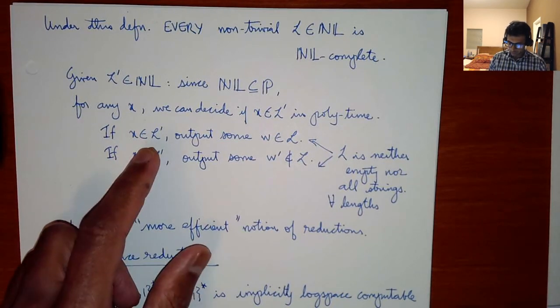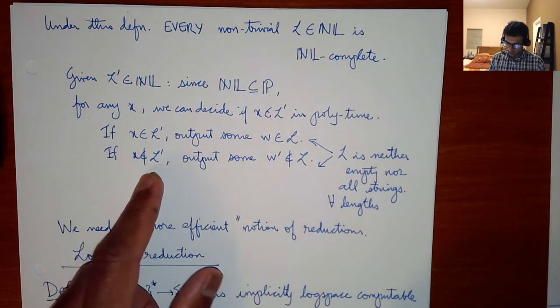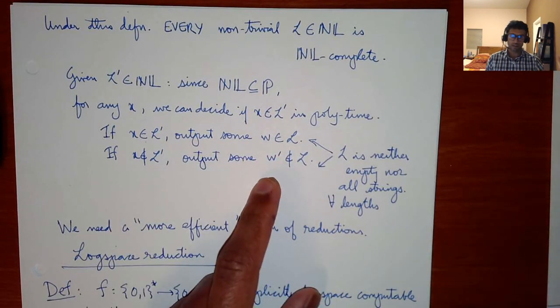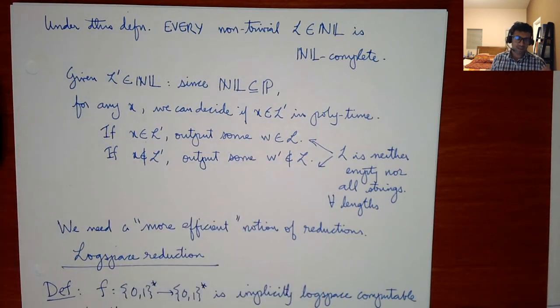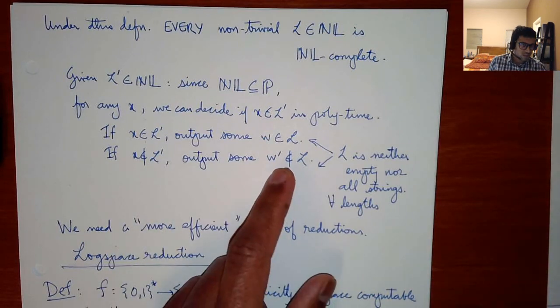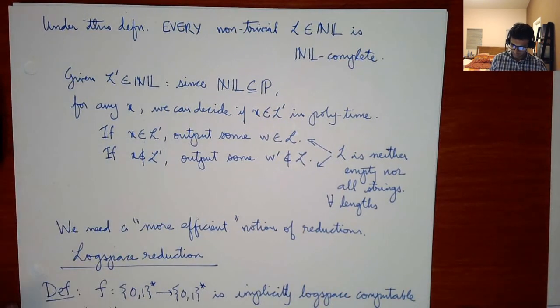If it's in L prime, it outputs some w in L. If it's not in L prime, it outputs some w prime that's not in L. We assume that w and w prime exist because L is a non-trivial language, neither empty nor all strings, for all lengths. Let's not worry about that. This needs to be of polynomial size in the length of x.